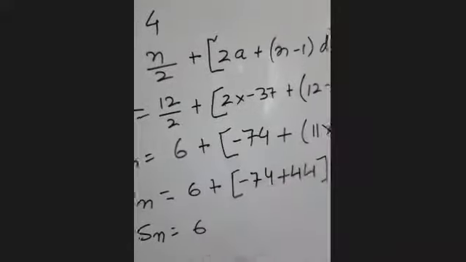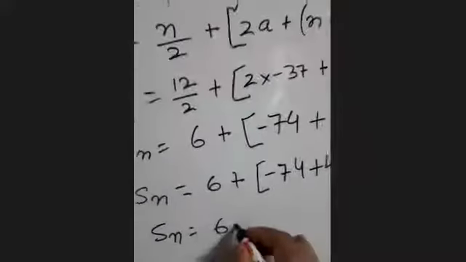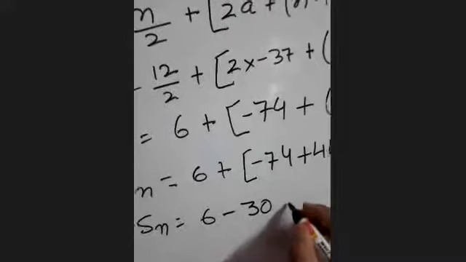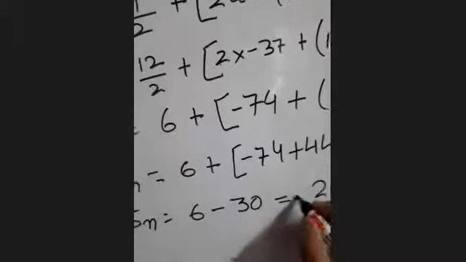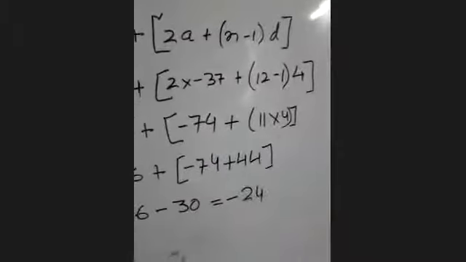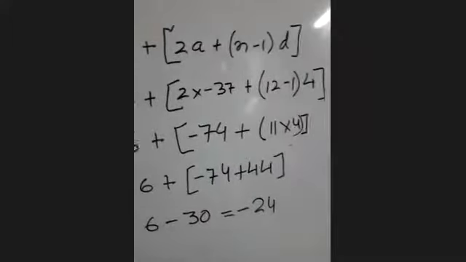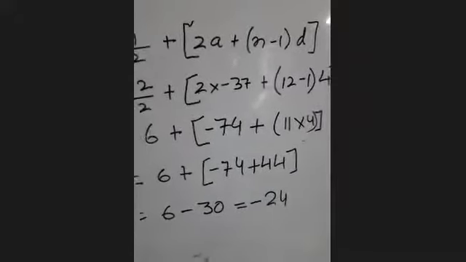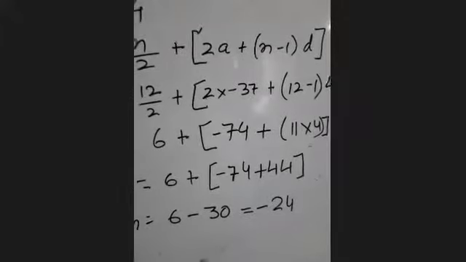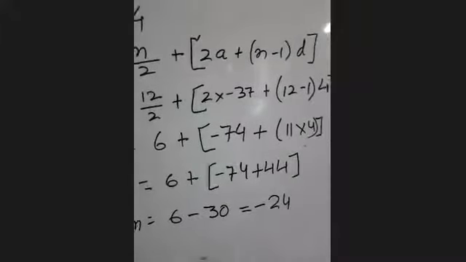So that is 6 and minus 74 plus 44 will be minus 30. Minus 30 and the subtraction will be 180. Minus 24, because 30 is the larger number having the minus sign. So we have the sum of these terms as minus 24.